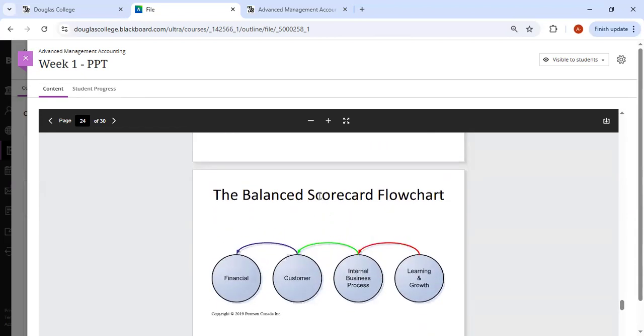Then on the first assignment, you have to prepare the balanced scorecard. Now it's not going to look like this, but the balanced scorecard flow chart will always start with learning and growth. Learn and grow, put that into practice, see how the customer responds, and see how that hits you on the financial side.